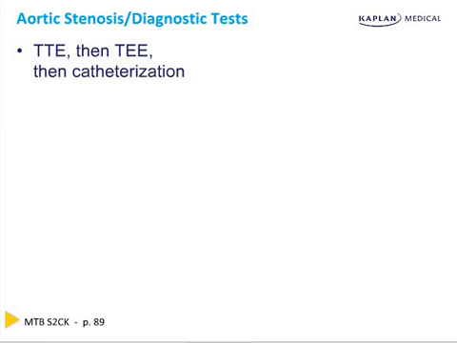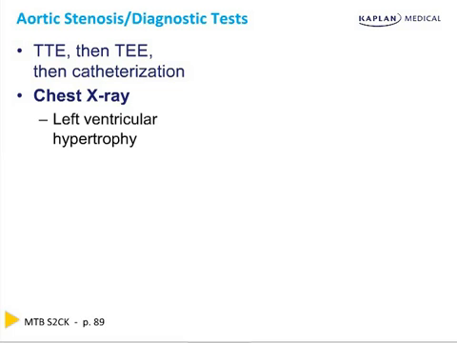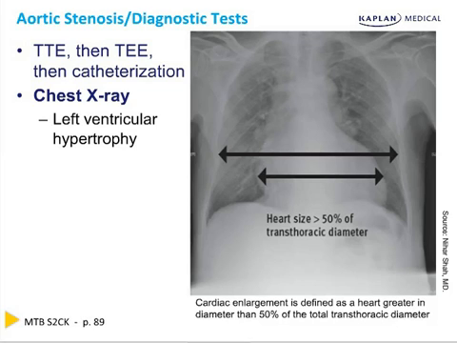Diagnostic tests for aortic stenosis. Transthoracic echo, then a transesophageal, then a cardiac catheterization is the most accurate test. A chest x-ray will show left ventricular hypertrophy as the heart works against it and gets thicker and thicker, and then you'll have a larger heart as it goes beyond 50% of the transthoracic diameter.